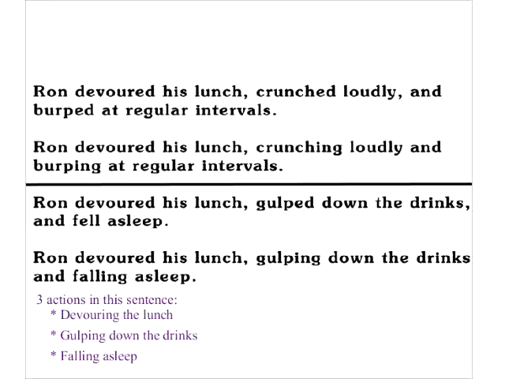Yeah, they're independent. The first 2 may not be totally sequential because you can gulp down drinks intermittently with devouring lunch, but they're not related. These are 3 independent actions that are separate, and none is prioritized over any of the others.